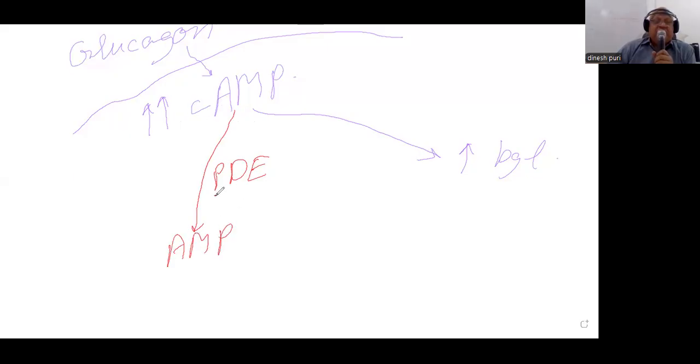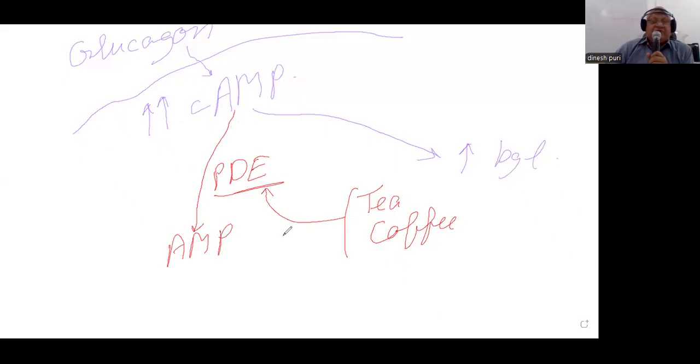And this phosphodiesterase is inhibited by caffeine and theophylline present in tea and coffee. So degradation of cyclic AMP will be hampered and an increase in the level of intracellular cyclic AMP will occur.